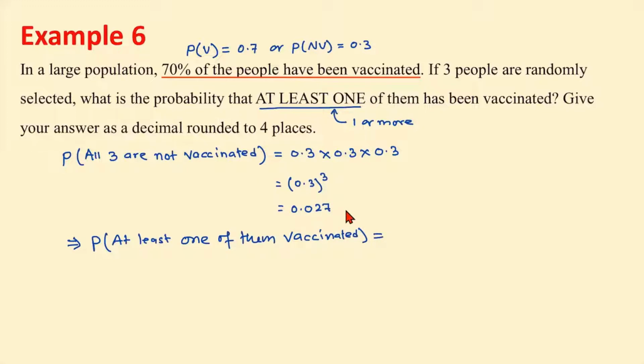Complement means 1 minus 0.027, because in complementary probability, when you add the two of them, it should be 1. So now 1 minus 0.027 will be 0.9730. So the probability that at least one of them has been vaccinated is 0.9730. So that's how we can solve a problem like this one.